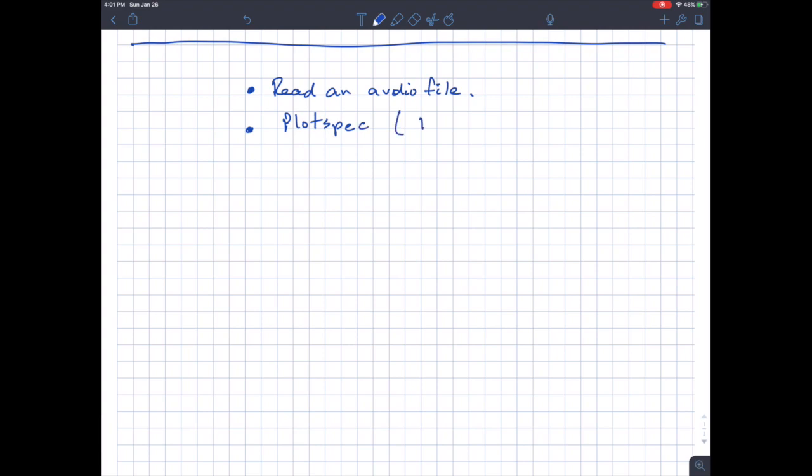This comes from your book, versus the spectrogram. Spectrogram is built into Matlab. Okay, these do different things and we're going to use both, so it's important to know the difference.